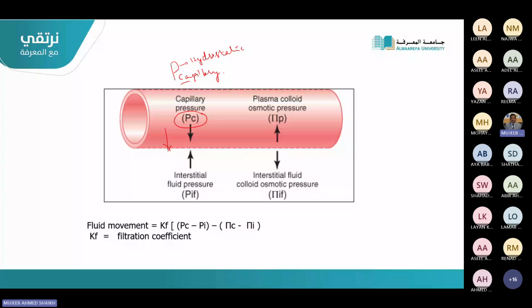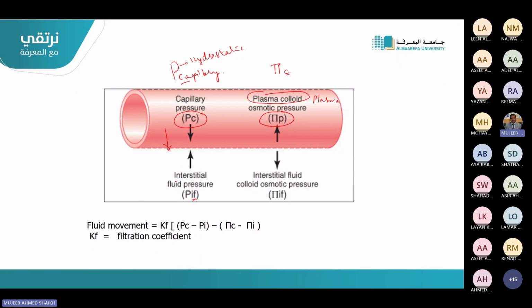Whereas because of the plasma protein, there is pi P. Pi means colloidal osmotic pressure inside the capillary. Similarly, in the interstitium, IF means interstitial fluid.